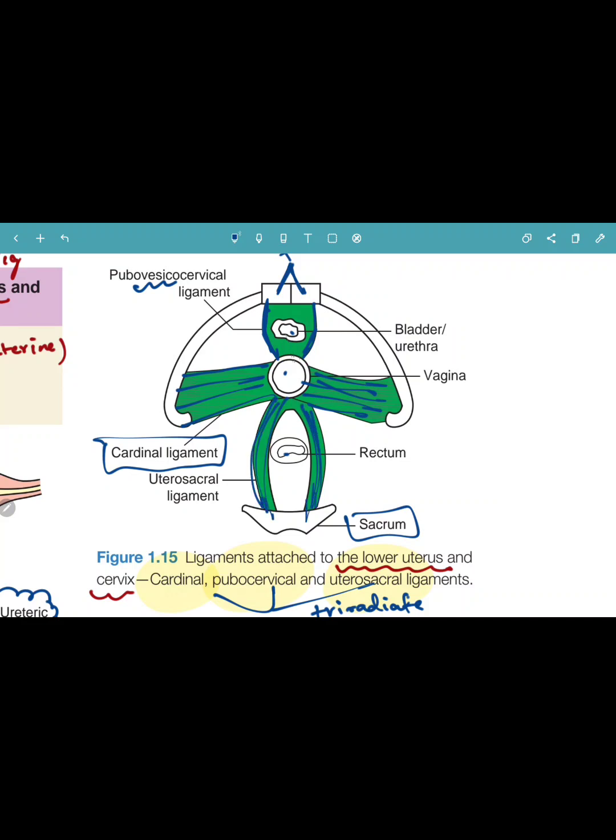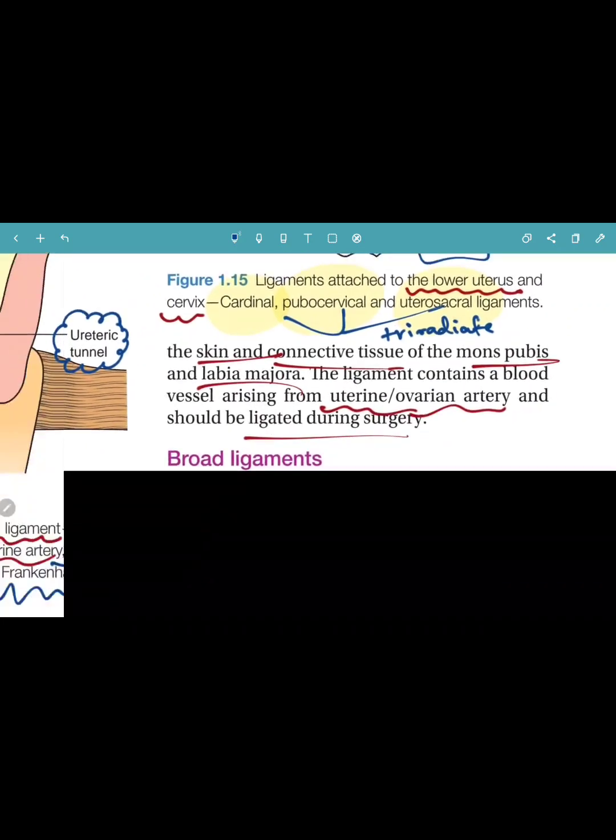So from your pubis to the bladder and then to the cervix is your pubovesicocervical ligament, and then your cardinal ligaments, which is the Mackenrodt ligament, are on either side of the uterus, and then your uterosacral ligament is there. These are your triradiate ligaments.